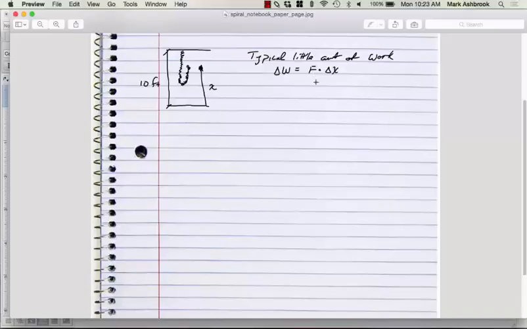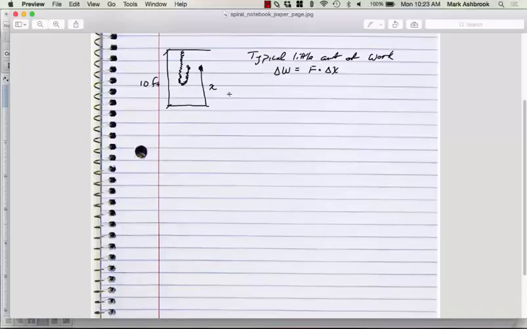Half the chain weight. But x could be any amount, right? So x could be down here, it could be here, it could be here, it could be here. No, this is a variable amount of force, right? The amount at x.